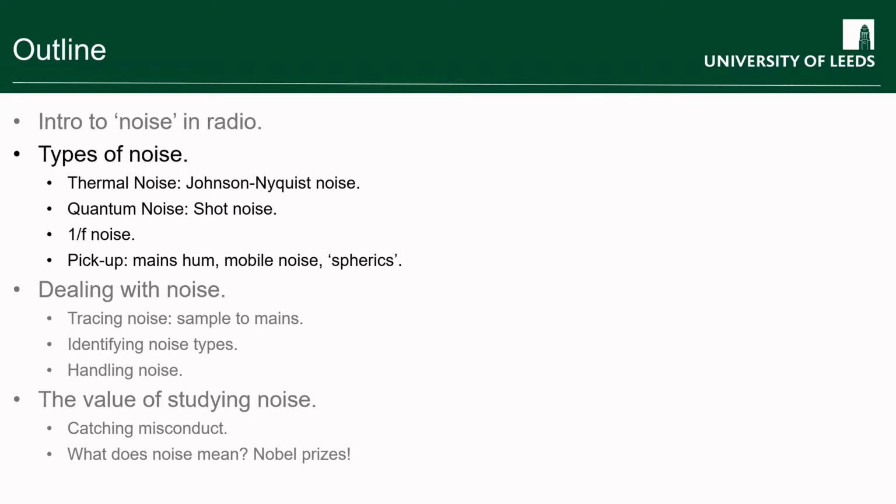We'll also mention quantum noise, so this is shot noise, or sometimes called flicker noise. And we'll mention 1/f noise. And then these are all sorts of intrinsic sources of noise that there's a limit to what you can do about them. But then to finish off, we'll also talk about some of the sorts of noise or interference you can get from things that you might be able to control in your setup.